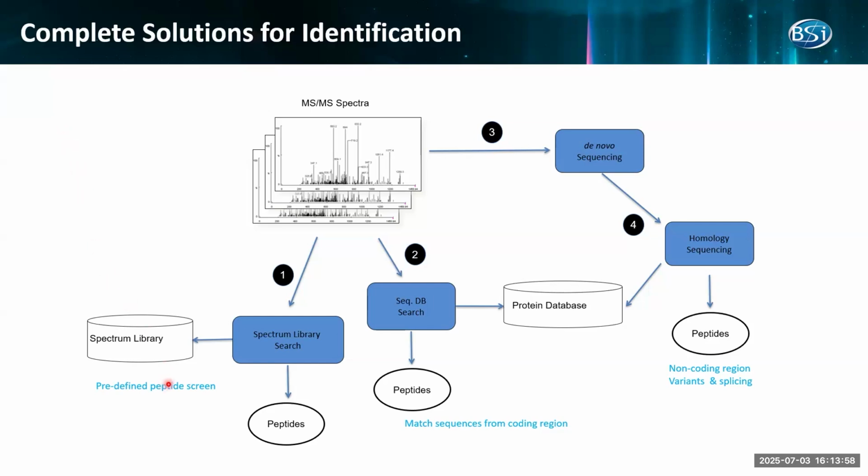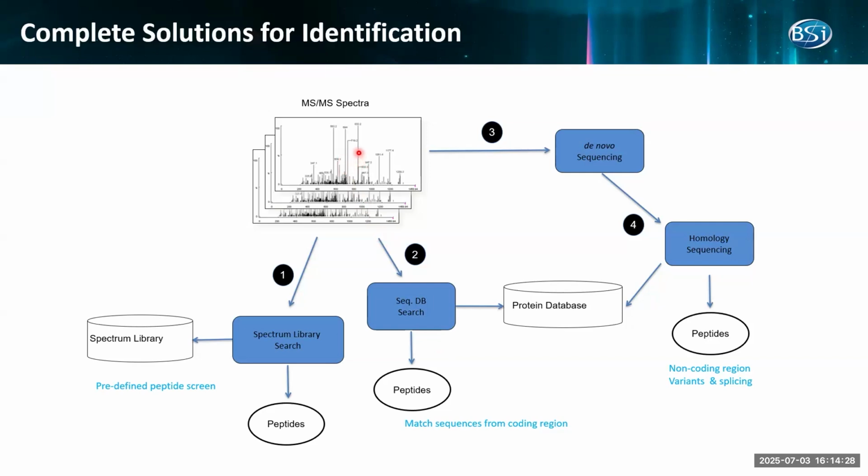And in PEAKS, if you give me a peptide library, for example, we will check each peptide in the library for whether there is evidence, whether those spectra match. Or you give me a sequence database, and then we will use the spectra-centric approach: for each spectrum, can we find a peptide in the database which best matches this spectrum?